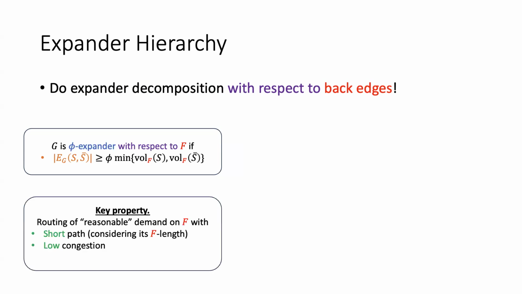A similar property for such an expander can be shown. If we have an expander with respect to F, you can route any reasonable demand on the terminal edges to be short and with low congestion. But notice that now short means that it has very few terminal edges on the path, but we have no guarantee on the number of non-terminal edges.